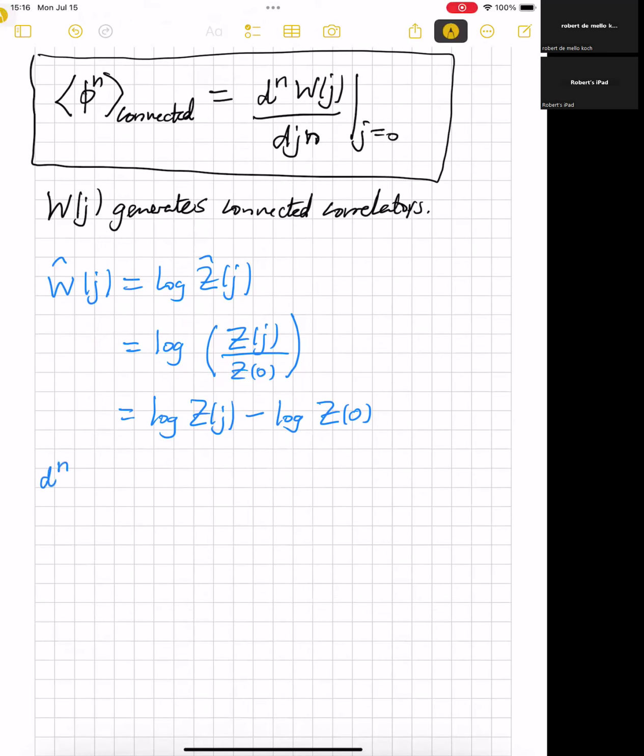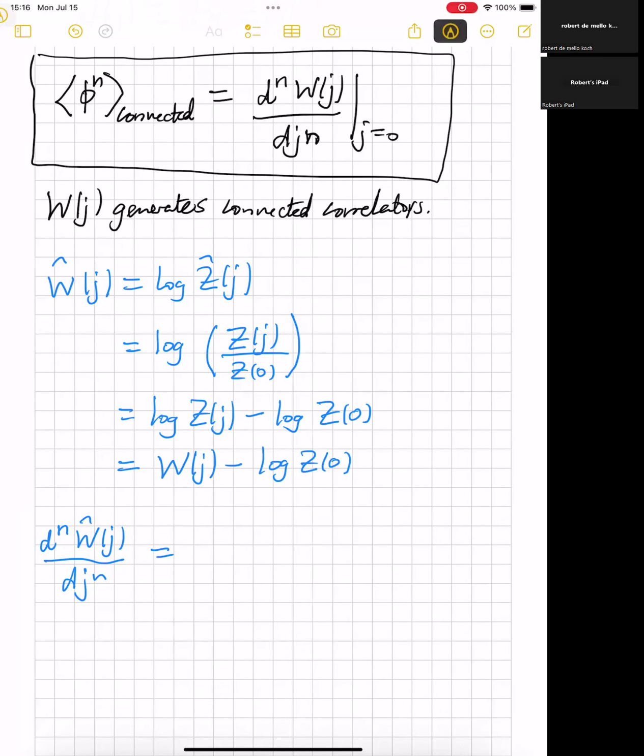So we take n derivatives of W hat of J. Actually, I want to rewrite this formula just above in a slightly different way. We can write this as W of J minus log Z of naught.